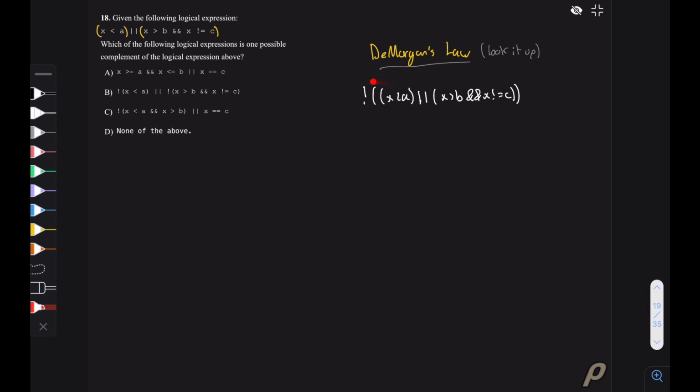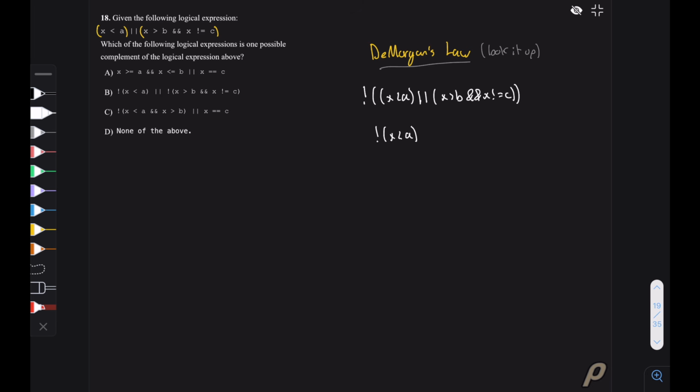So we have the not affect every single aspect of the expression, and it just reverses exactly what it did before. An important thing to note is that we have to keep the same order of operations. The first thing we do is we not this x less than a.